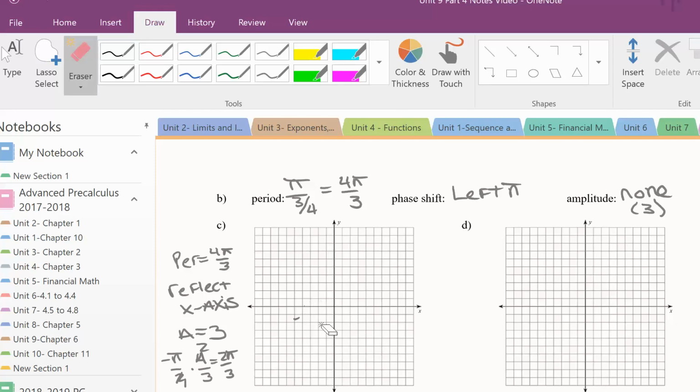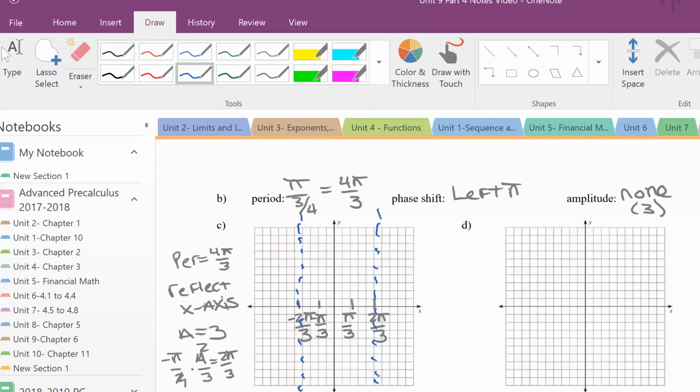Make it a little bigger so you can see. And then here it's pi over 3 and 2 pi over 3. So that means the asymptotes now are at the end, at negative 2 pi over 3 and positive 2 pi over 3.